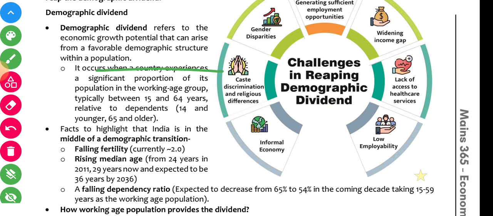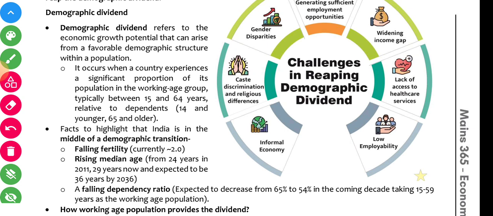It occurs when a country experiences a significant proportion of its population in the working age group, typically between 15 and 64 years, relative to dependents, 14 and younger, 65 and older.